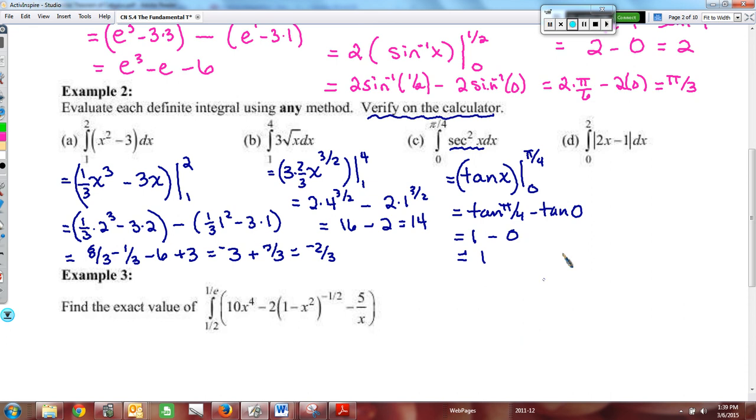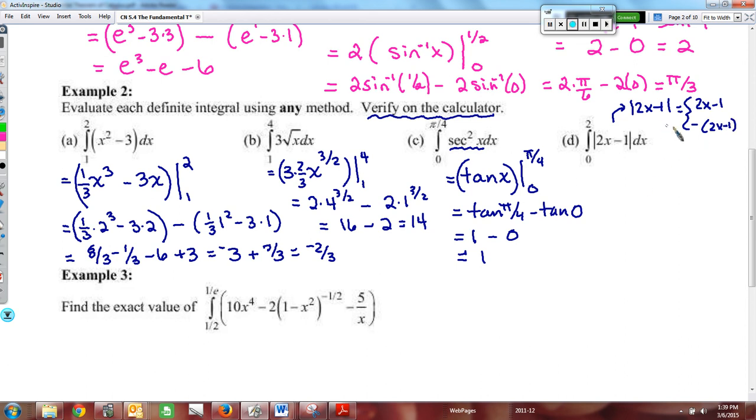All right, now if you have an absolute value in there, I would encourage you to recognize that the bounds are going to play a role on this. Remember that the absolute value of 2x minus 1 is going to be 2x minus 1 when the quantity is positive, and it's going to be the opposite of 2x minus 1 when the quantity is negative.